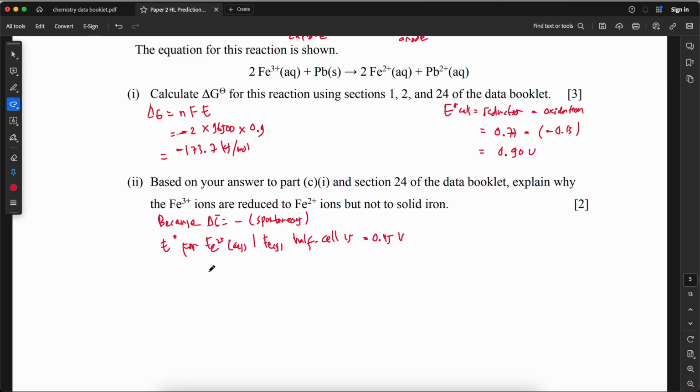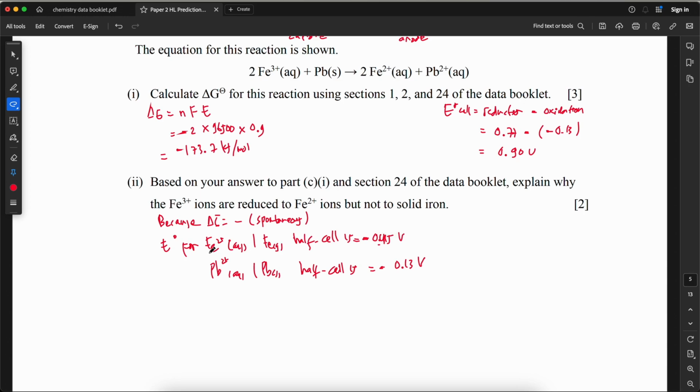And for Pb2 plus and Pb solid it is negative 0.13 volt.